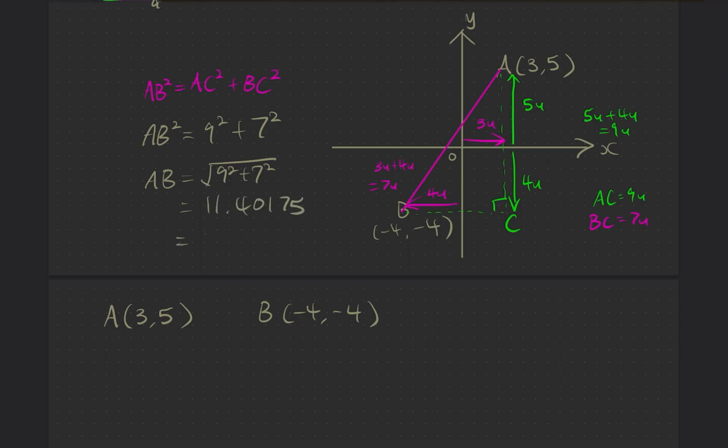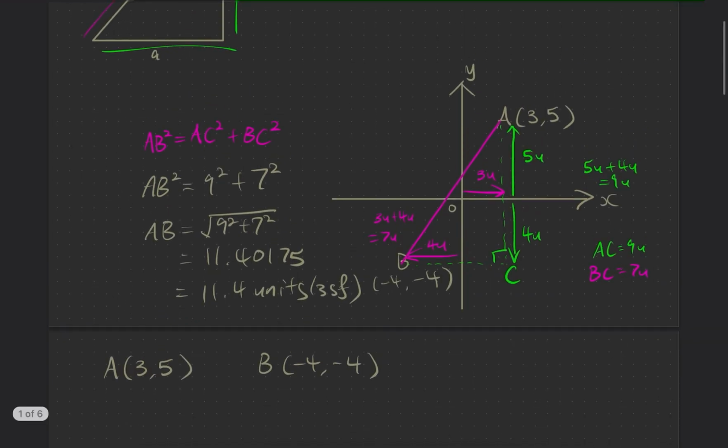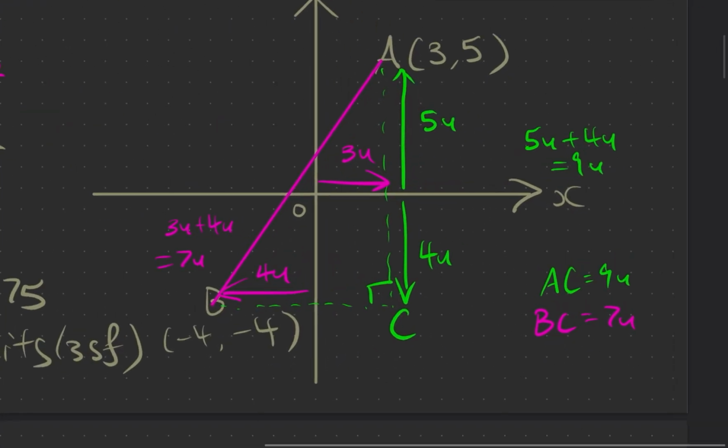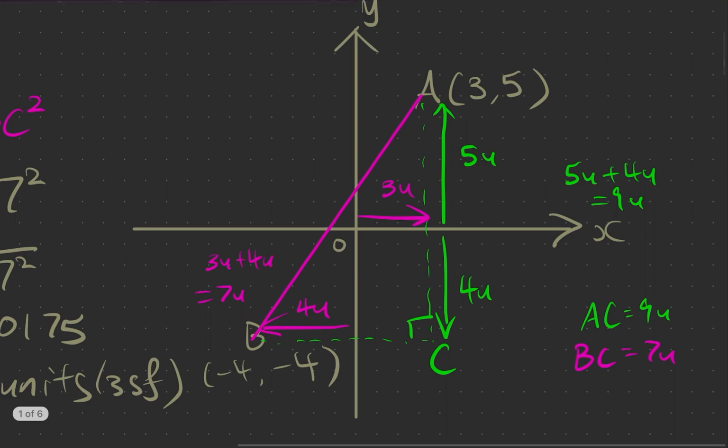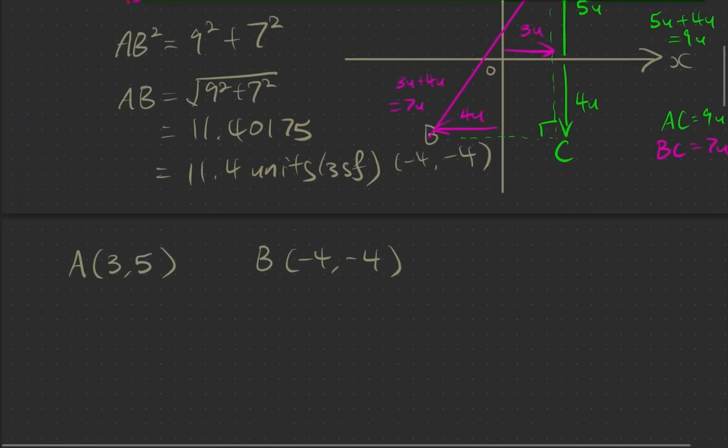And we'll just round it off to 3 significant figures. So AB is actually 11.4 units. So that's how you find it. But this way, it looks extremely complicated, and it'll actually confuse you even more if you don't have a great understanding on this. So there's actually a formula to memorize.